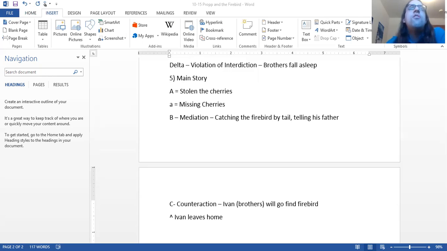And it's tempting to treat this as some sort of interdiction. I don't know if I would be able to say that it is, because the interdiction is usually violated. It seems a little weird. Ivan actually uses the information that he gets here to help himself out and to be successful.